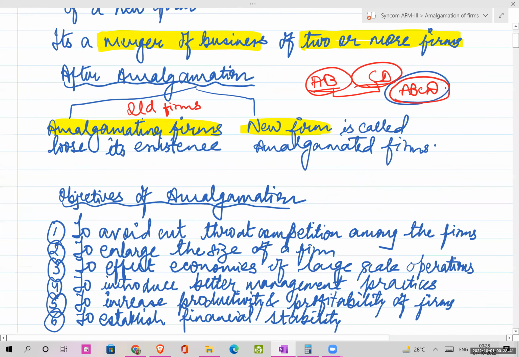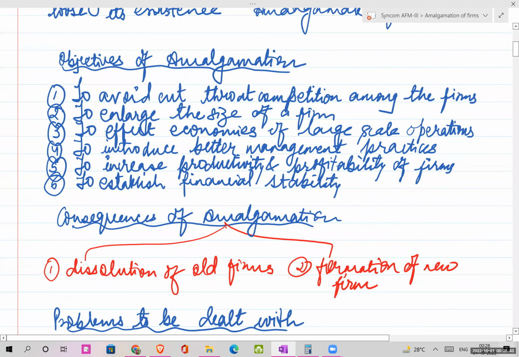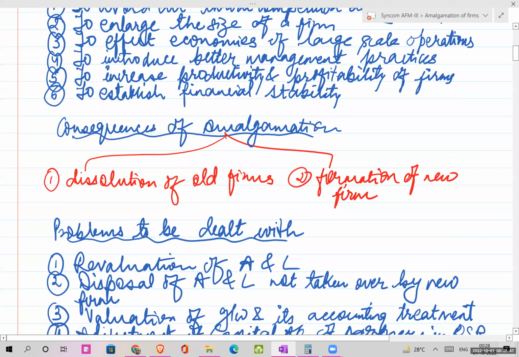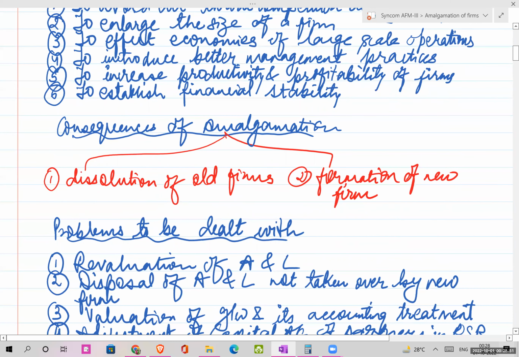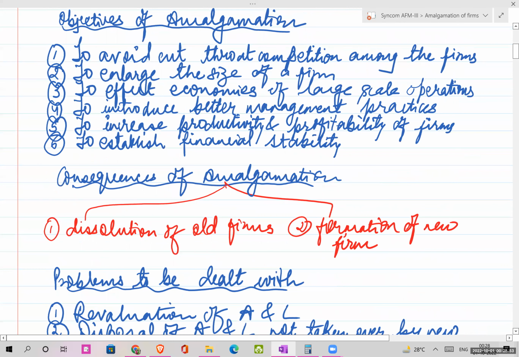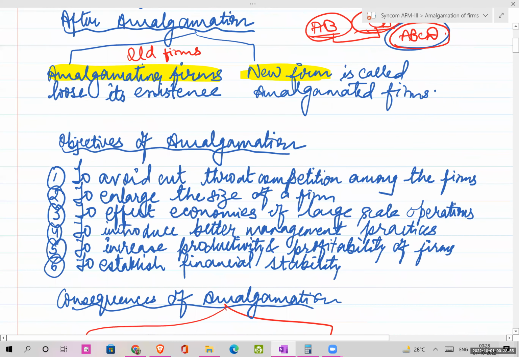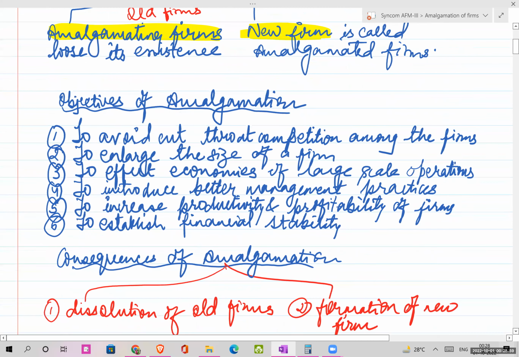So these were some of the objectives of amalgamation which I had discussed. Then I told you the effects of amalgamation, the consequences: the old firms dissolve and the new firm comes into existence. The old firms are also known as amalgamating firms, and the new firm is known as the amalgamated firm.